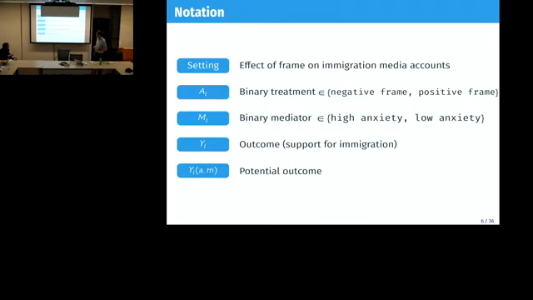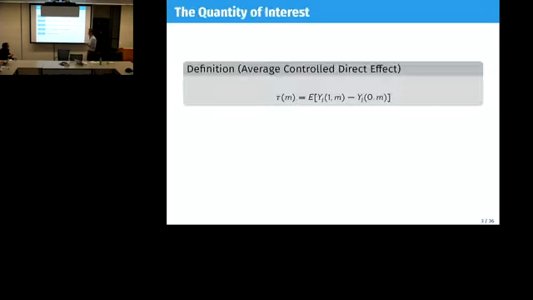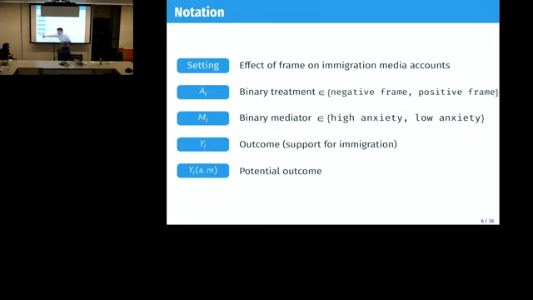Then we'll define the standard potential outcomes, setting both the treatment and the mediator. This is the potential, possibly counterfactual, level of support for immigration that we would see if person i had treatment level A and mediator level little m.